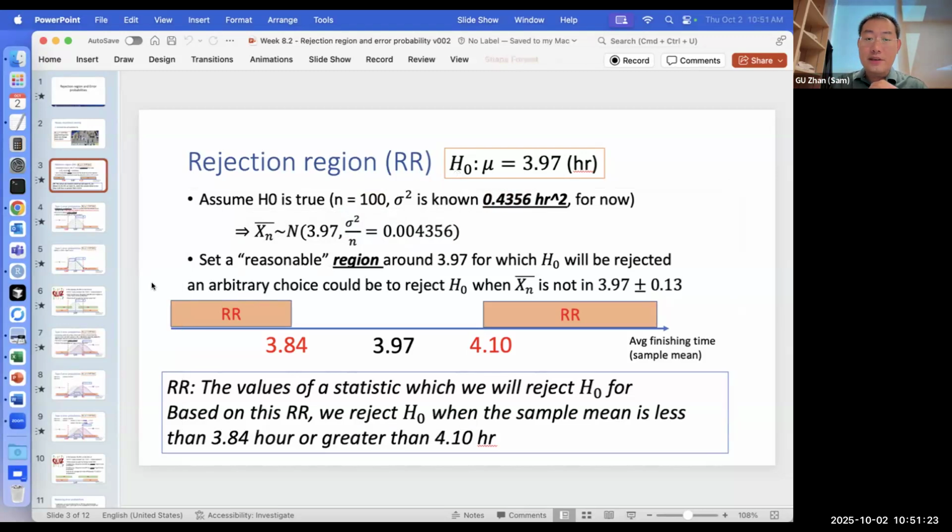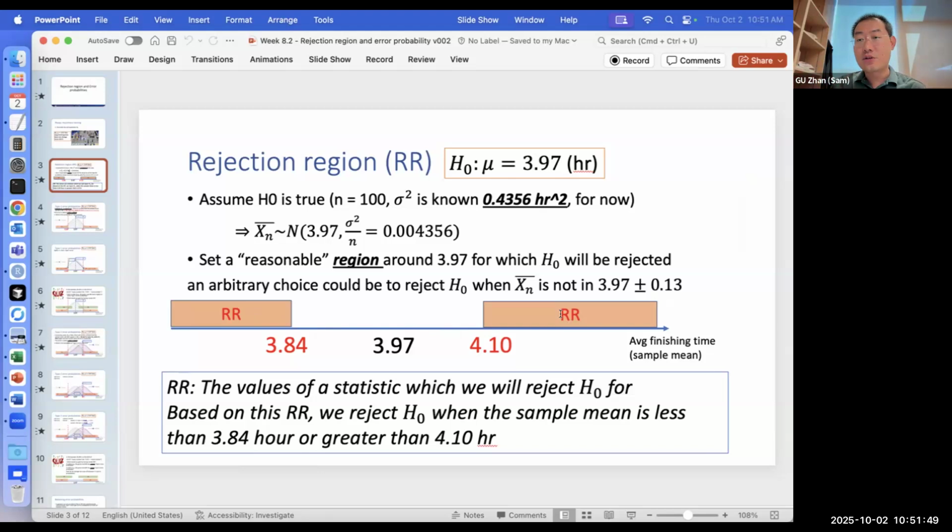So based on that, we're constructing a confidence interval. For a 95% confidence interval, you will find the critical values of 3.84 and 4.10 hours around there. So the range within this is the confidence interval of 95% confidence.